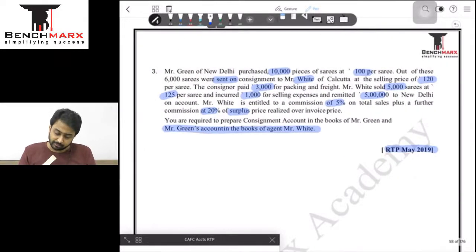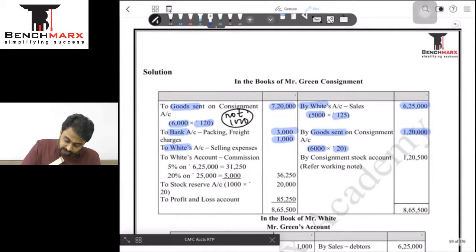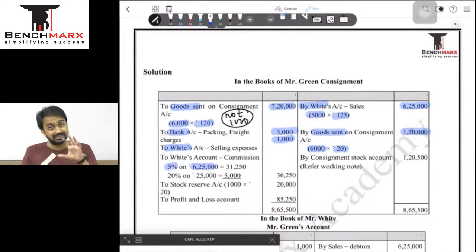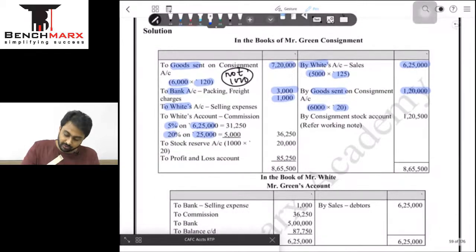Then 5% of sales, ye apna ho gaya commission ka. Now commission is 5% of sales, so apna sales hai 625, to 625 ka 5%, this is the basic commission. And any sum above the invoice price qualifies for 20% commission. So 20% commission on 25,000. Ye 25,000 kaise aaya? This is nothing but 5,000 sarees sold and 5 rupees is the extra content.